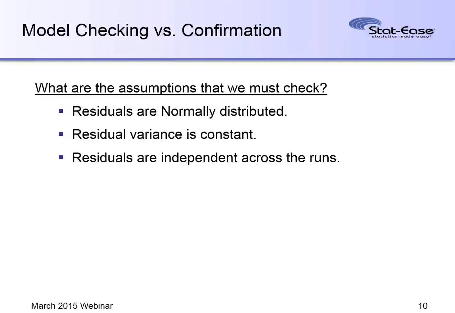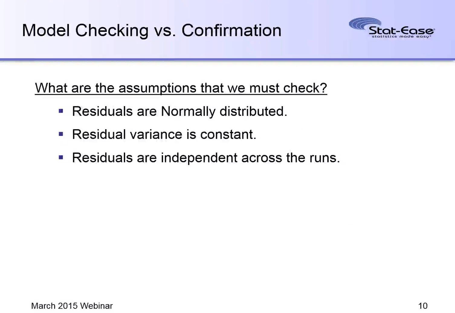Also, I want my residual variance to be constant. What that means is that the model predicts with the same accuracy across the entire design space. What I don't want to see is, for example, the residuals or the error increase as the response increases, which actually is quite common in practice, but I don't want to see that.